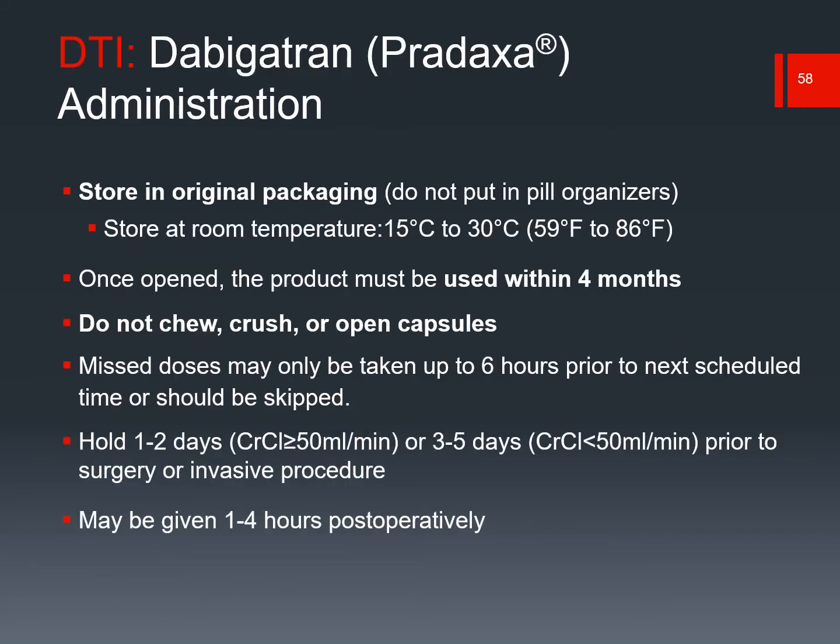When we administer dabigatran, there are significant counseling points. So you should know and note to the patient that they should store in their original packaging. They come in a container or a vial, as well as they come in unit dosed packaging.